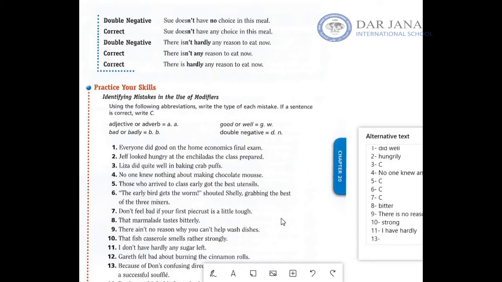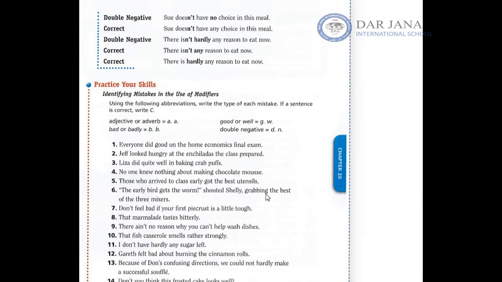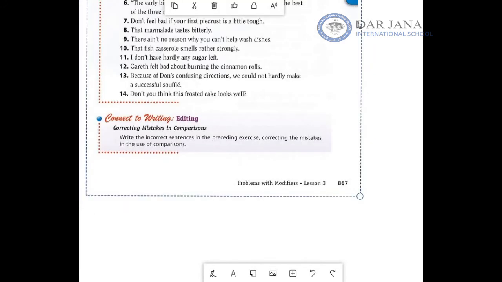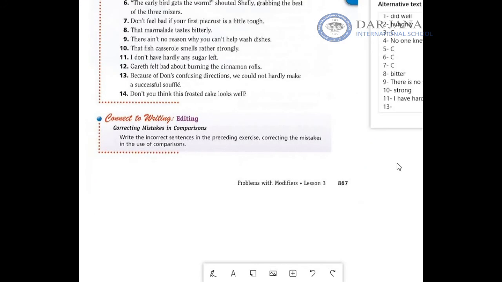Number 13, the problem is in the use of double negatives. Because of Don's confusing directions, we could not hardly make a successful souffle. Could not hardly make. So the correction is to use only one form of them.